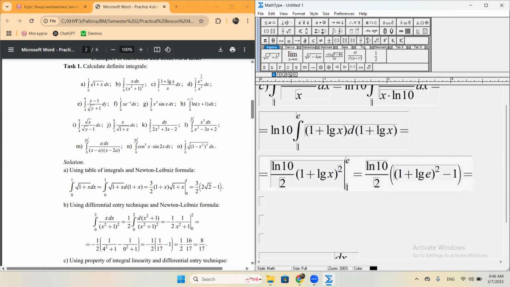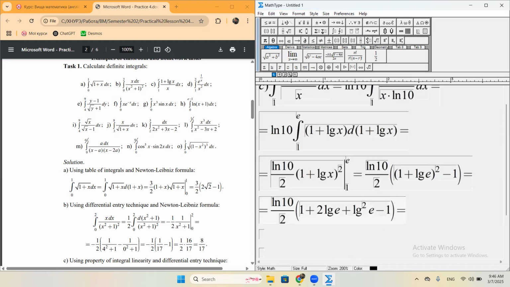Okay. So now let's expand the brackets and simplify it a little bit, as much as we can. So 1 plus 2 decimal logarithms of e plus the square of the logarithm of e, minus 1.